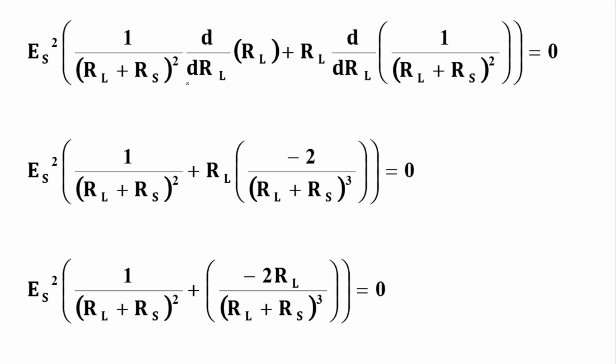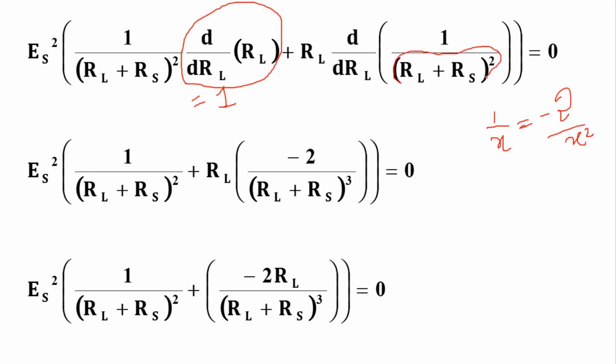So the differentiation of RL with respect to RL gives 1. Then we apply the formula for 1 upon x: the differentiation of 1 upon x to the power 2 is minus 2 by x cubed, where we consider this whole term as x.